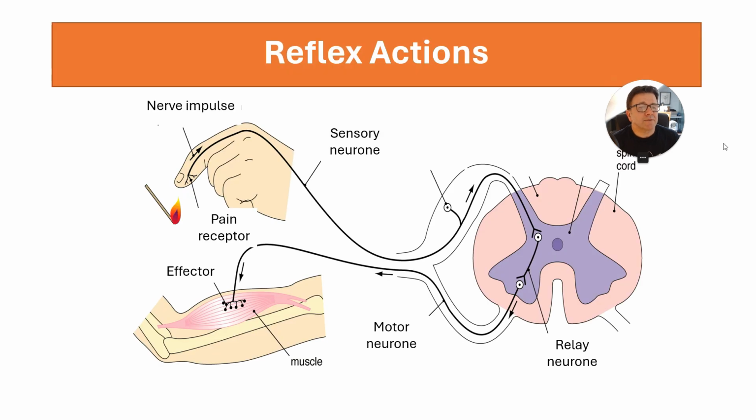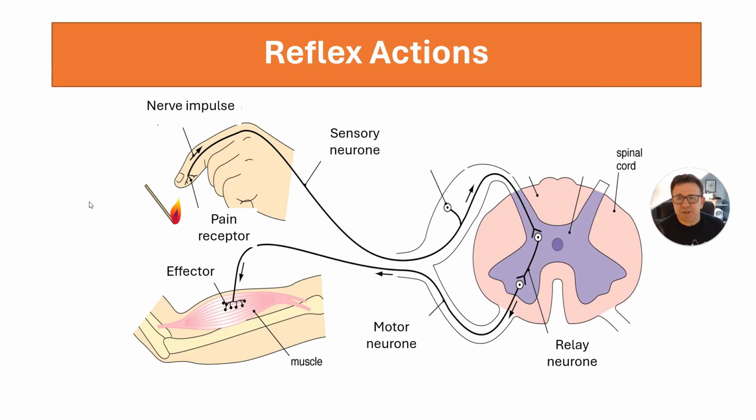Here's a diagram of a reflex action. The stimulus is the flame and the receptor is in your skin. The impulse goes through a sensory neuron and then across synapses, and we'll talk about synapses in a minute, through a relay neuron, which can be in the brain, but here is in the spinal cord, and then back through the motor neuron to the effector.